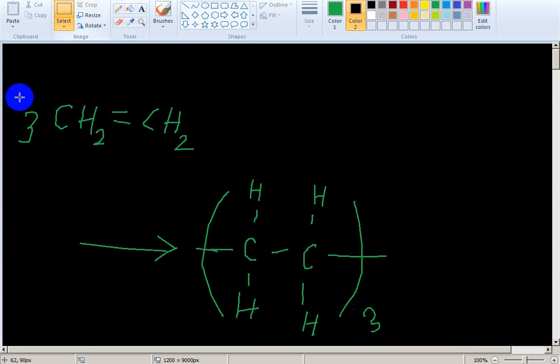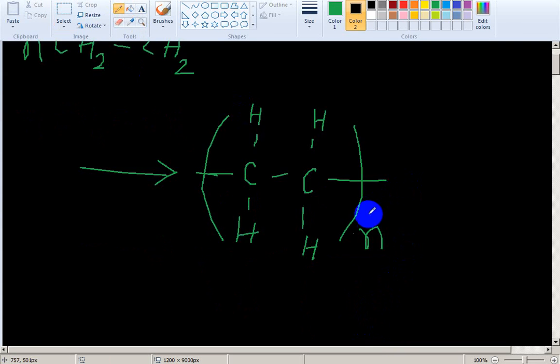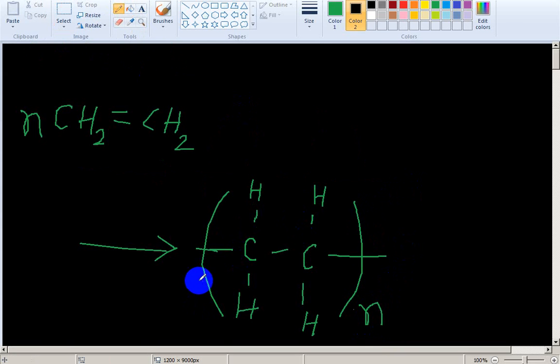If many molecules join together, you can write n here. Okay, this is the polymerization reaction.